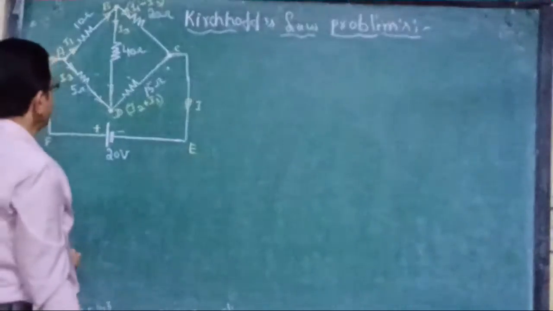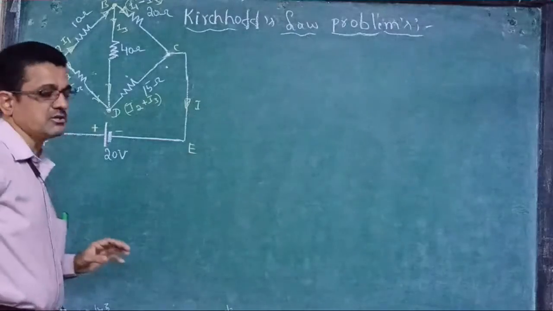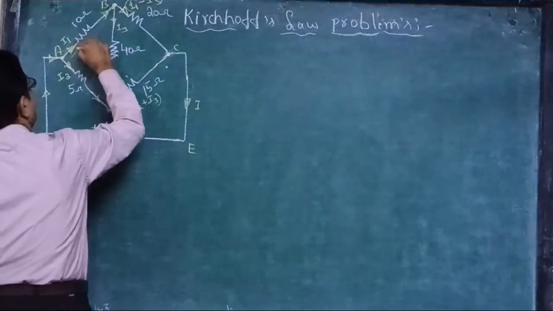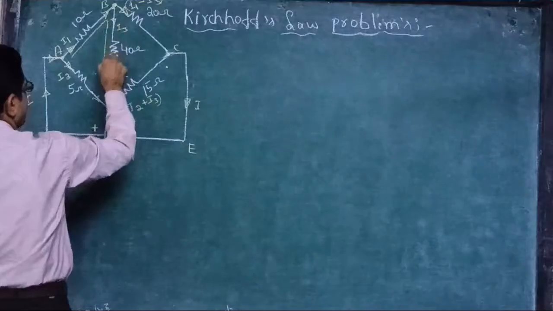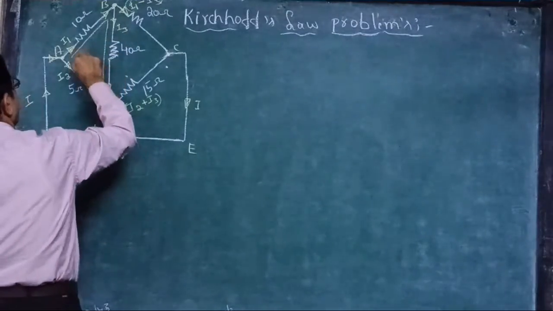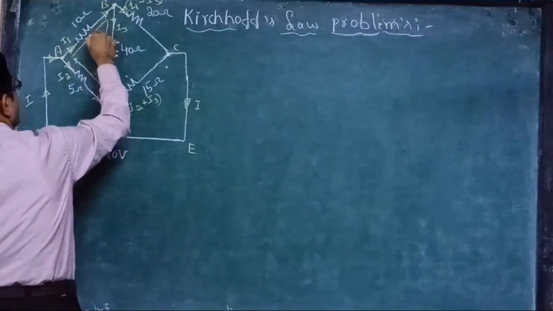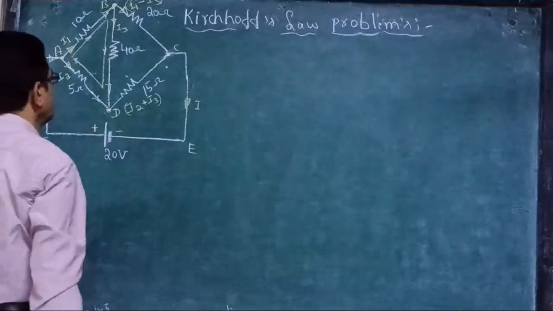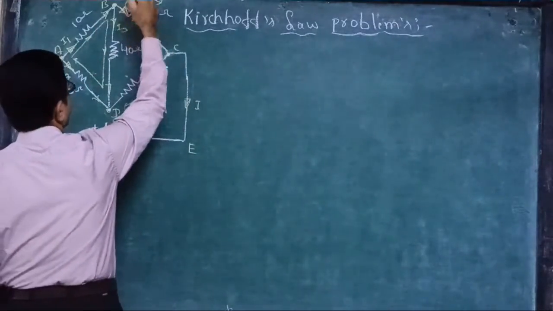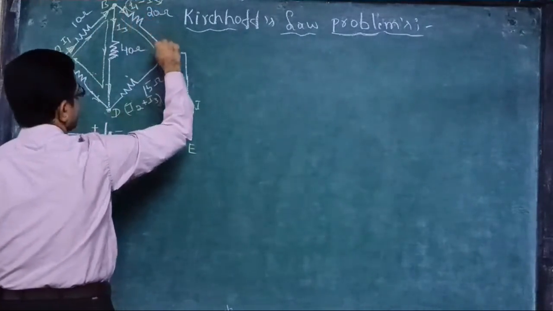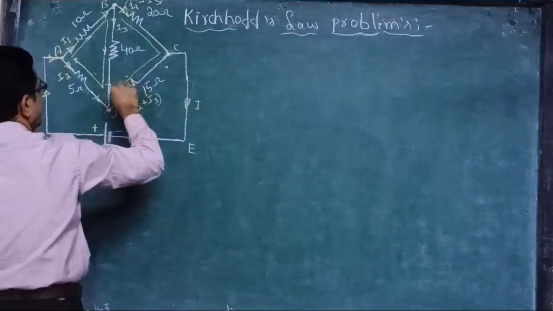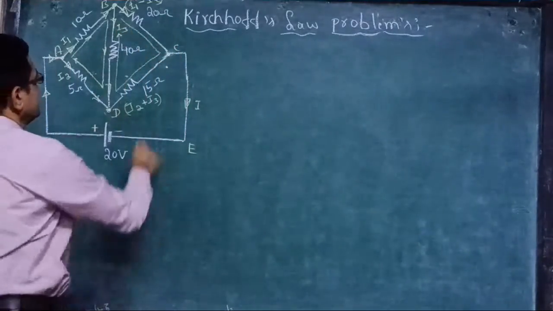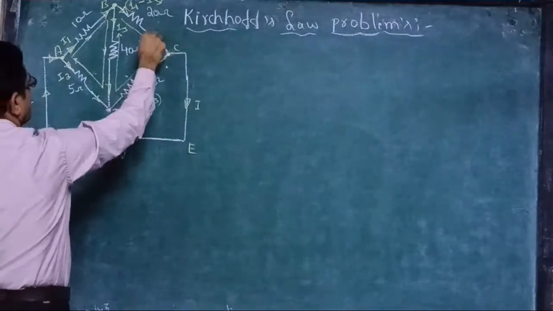Here there are three loops I should take. Which are they? A, B, D, A is the first loop. B, C, D, B is the second loop.